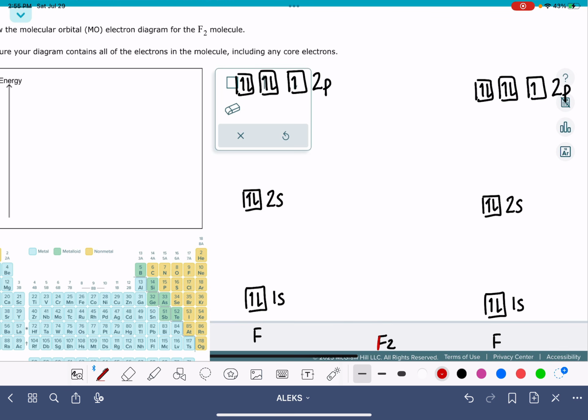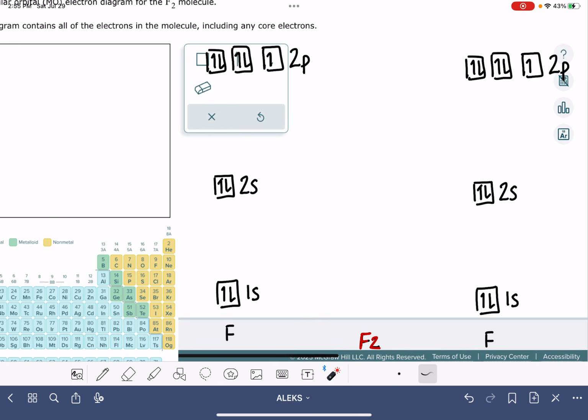Starting with the electrons in the 1s orbitals, the 2 individual 1s orbitals are going to come together and make a bonding sigma orbital and an anti-bonding sigma orbital. The bonding orbital is going to be lower in energy. The anti-bonding is going to be higher in energy. Both of these are sigma orbitals.